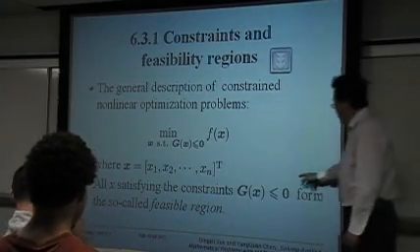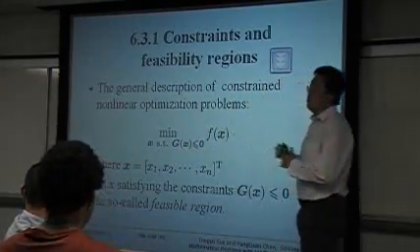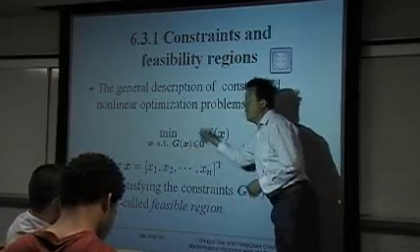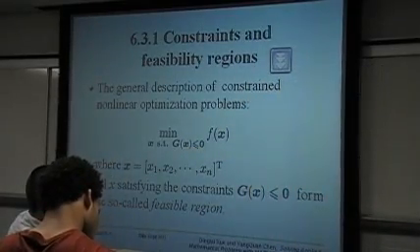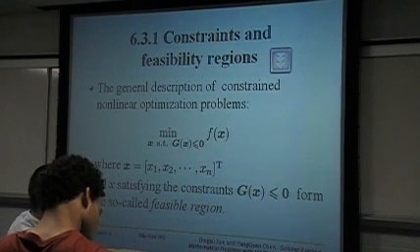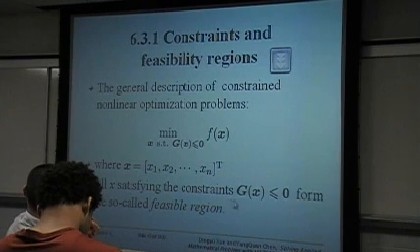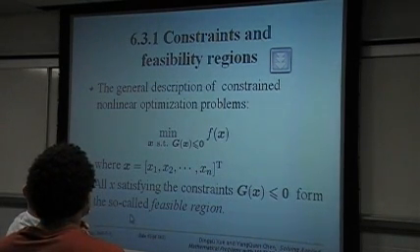Also, the constraint part can be composed of several constraints, so this can be considered as a vector, a series of inequalities. The solutions of x satisfying this condition are called the feasible regions and the feasible solutions.